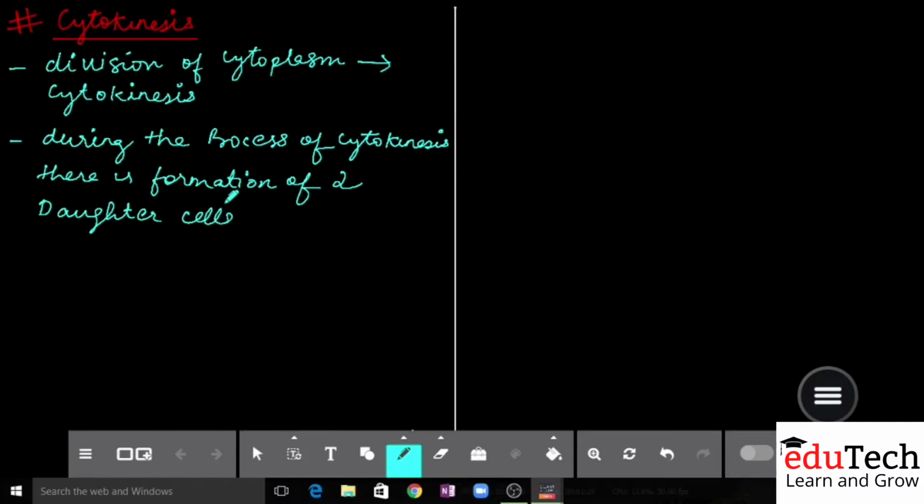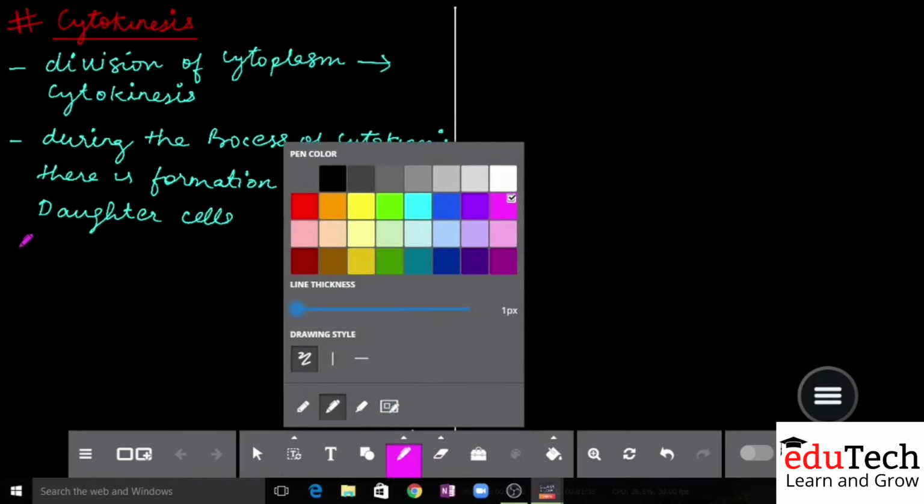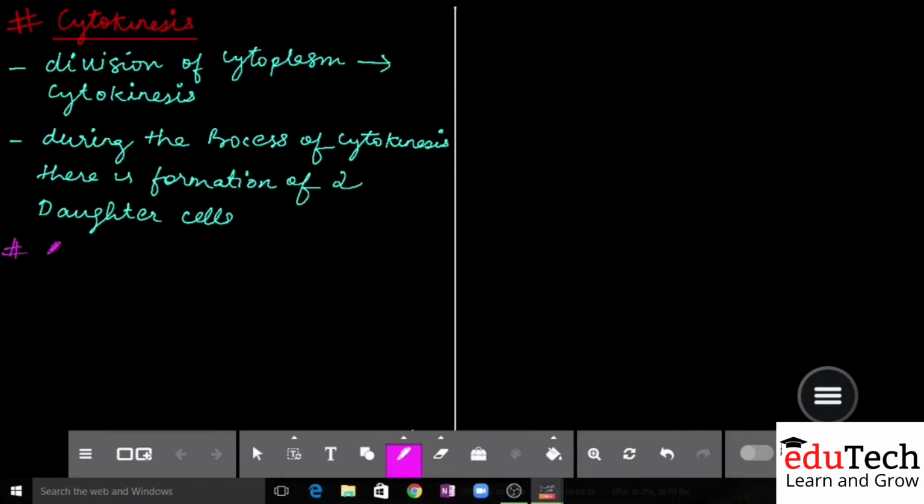Yes, there is formation of two daughter cells. Now cytokinesis is a little bit different as far as plant cell and animal cell are concerned. Okay, it is a little bit different.